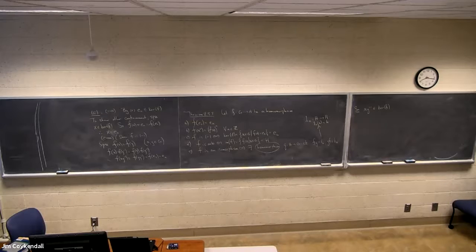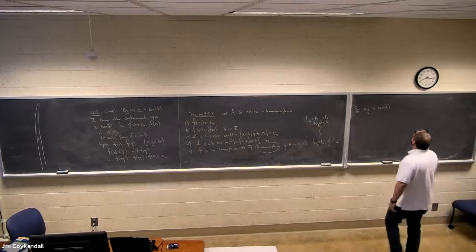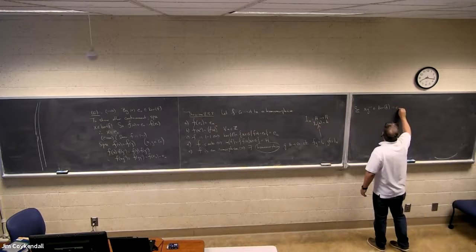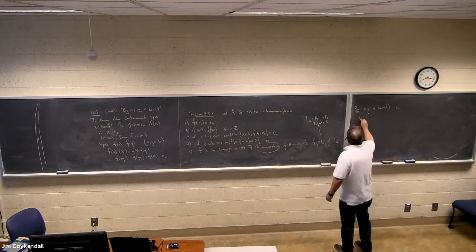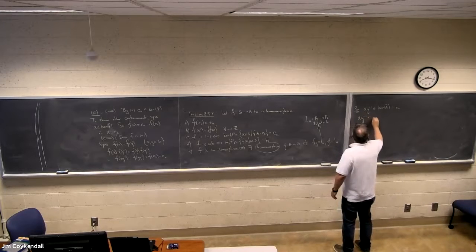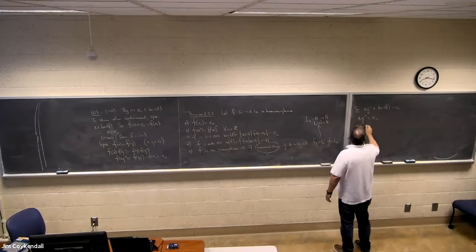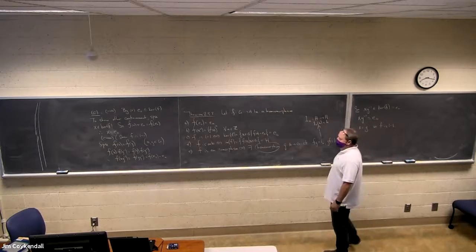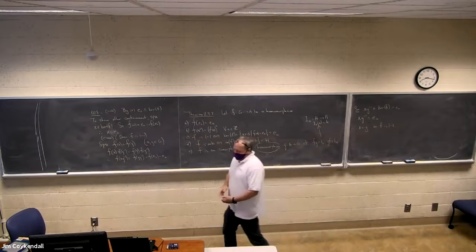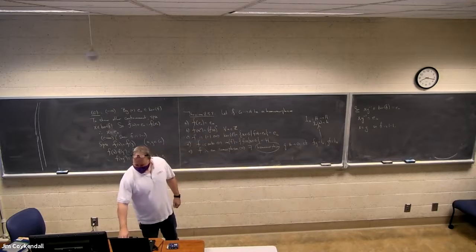That means x y inverse is in the kernel. But the kernel of f is assumed to be the identity of G. So x y inverse is e_G. Now I multiply both sides by y, and x equals y. So f is 1-to-1. Any questions on that?